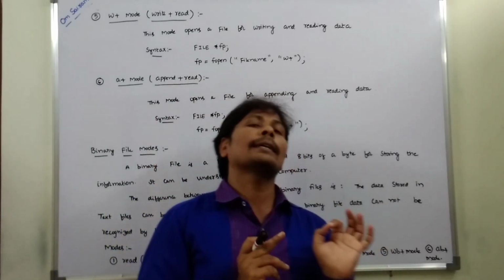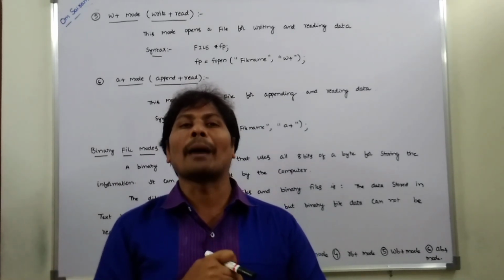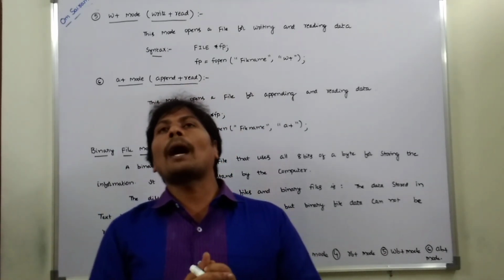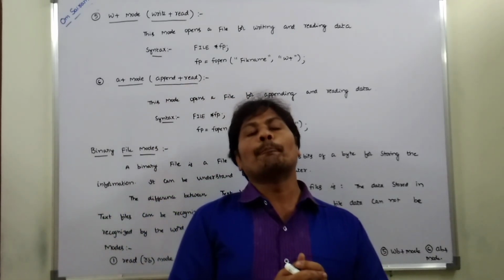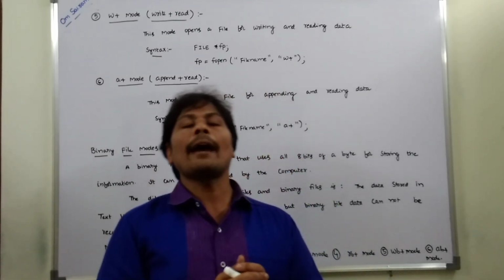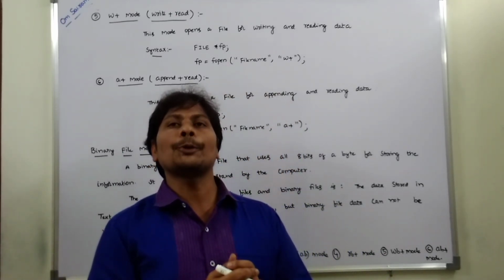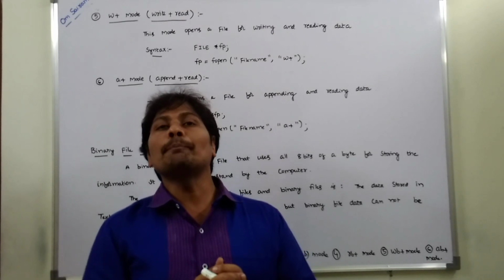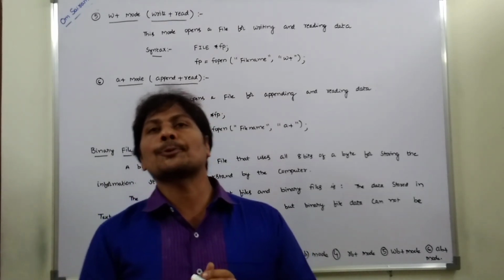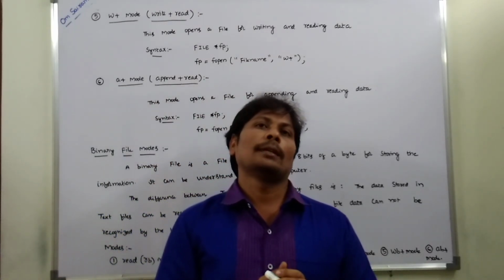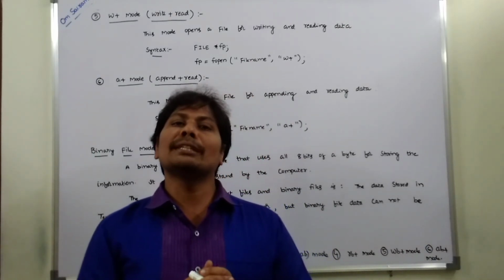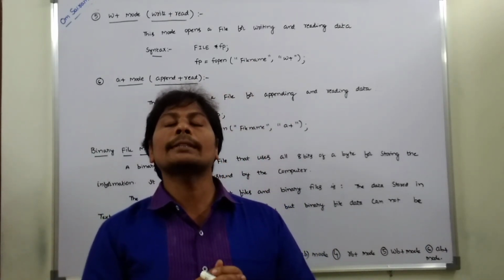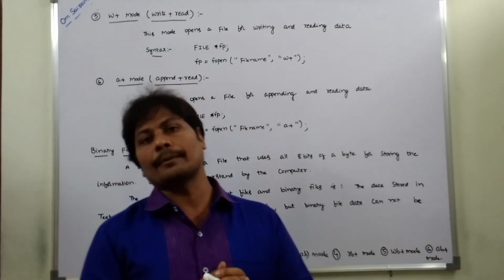Next we go to the second type of files, that is binary files. A binary file is a file that uses 8 bits of a byte to store the information. Binary files can be represented with a .dat extension.